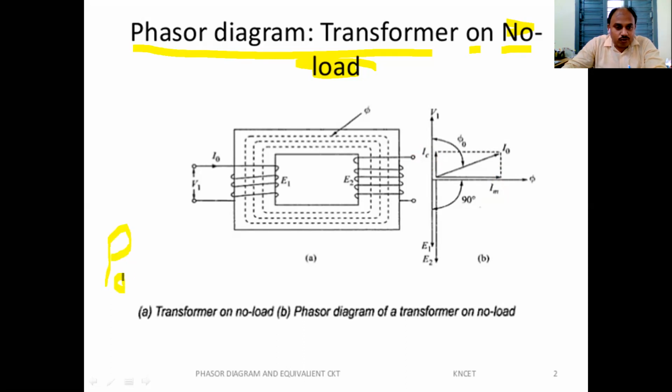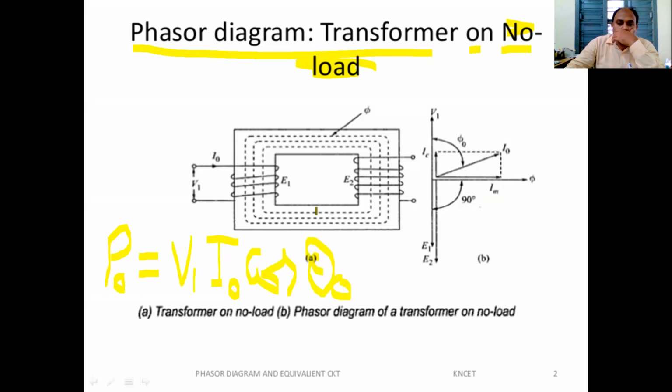P naught equals V1 I naught cos theta naught. This is the active power taken by the transformer at no load, since there is no electrical load on the secondary.